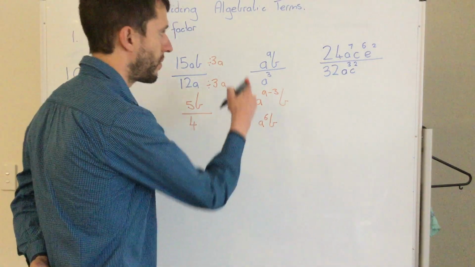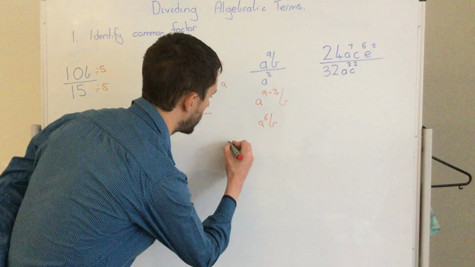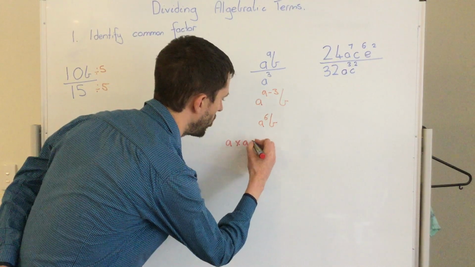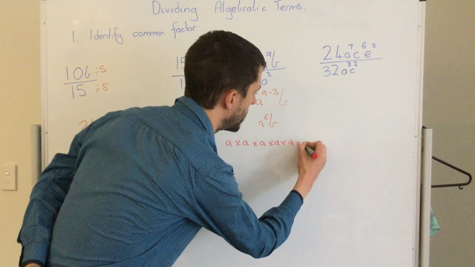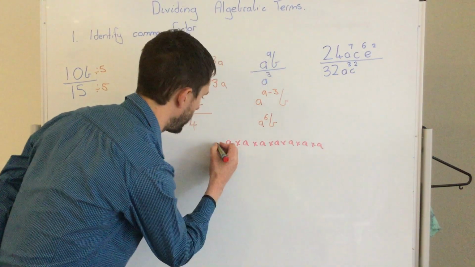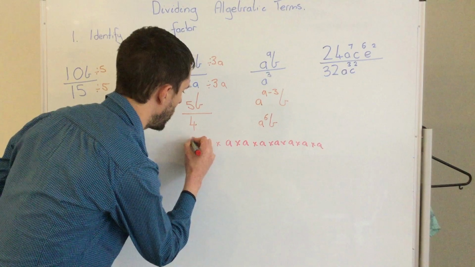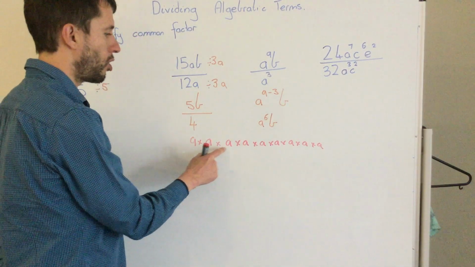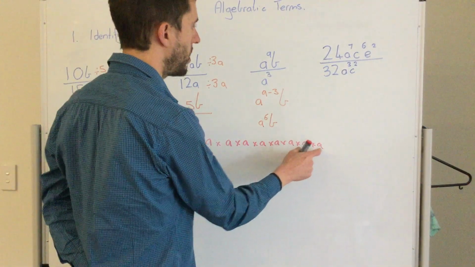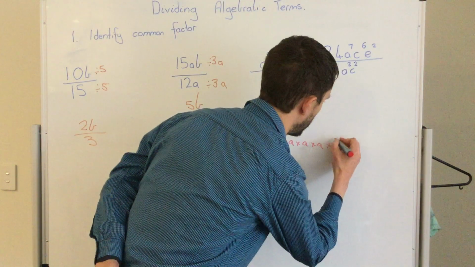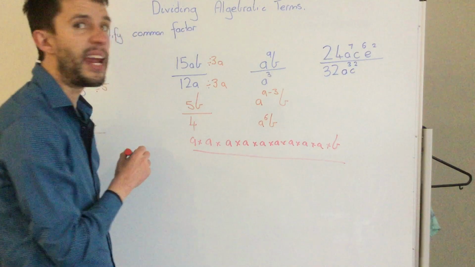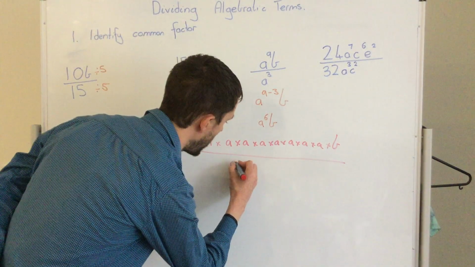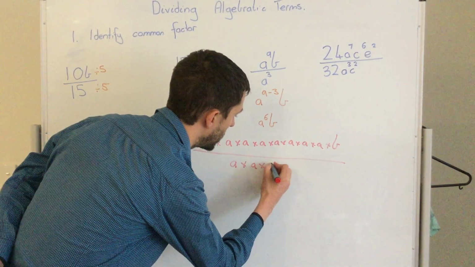I can double check that by expanding. a to the power of 9 is 1, 2, 3, 4, 5, 6, 7, 8, 9. I'll just double check that. 1, 2, 3, 4, 5, 6, 7, 8, 9 times b, divided by a to the power of 3, which is a times a times a.